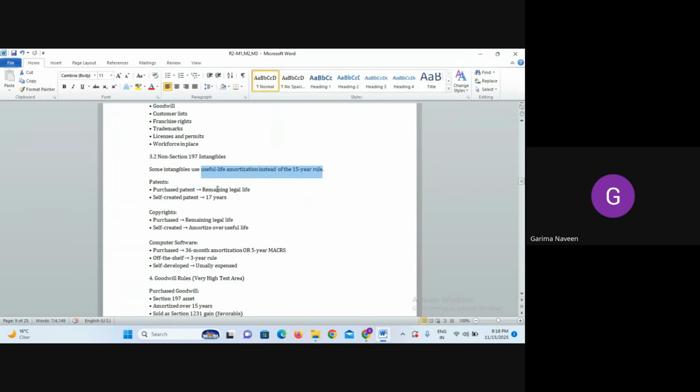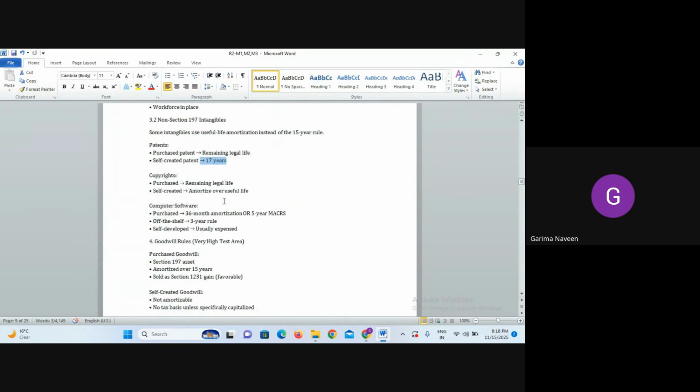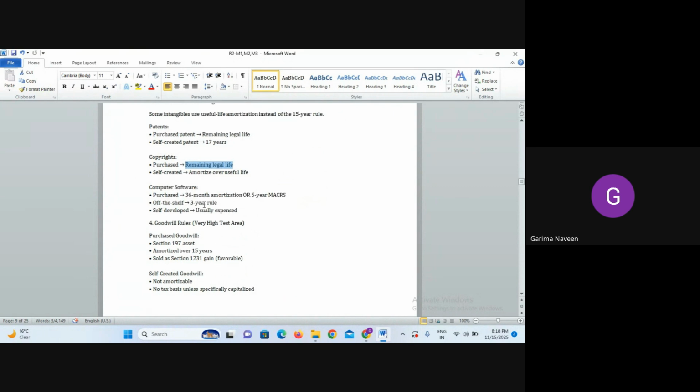For example, if you have purchased patents, then the remaining legal life is used to calculate the amortization. If you have a self-created patent, then it will be 17 years. Similarly, if you have copyrights and you purchase them, then it is the remaining legal life. If you have self-created it, then it is amortized over the useful life.